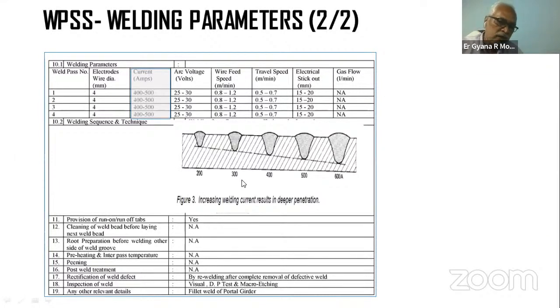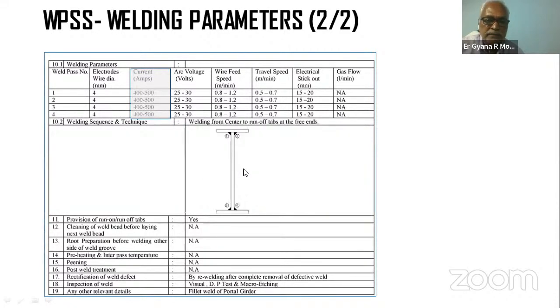Somehow or other, while welding, the welder chooses to decrease or increase the current. Mostly welders tend to increase the current so that they can finish the job and go early. Then we have undesired penetration. That means the weld will not be desirable. There will be much more penetration than required.